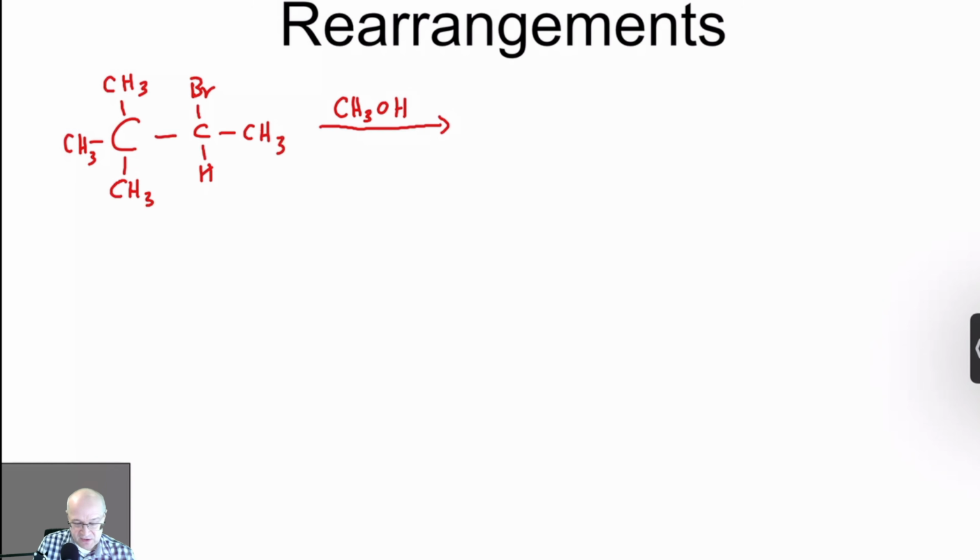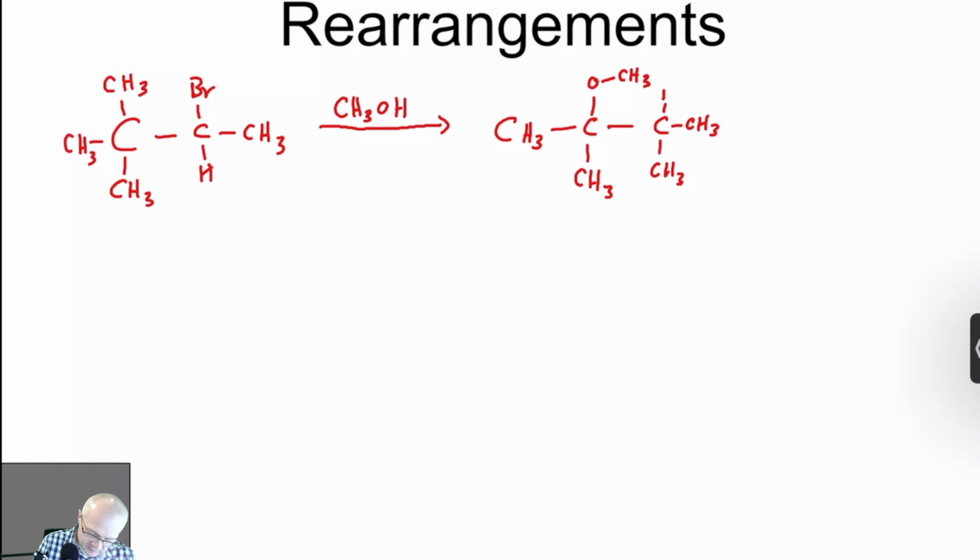We're setting up for an SN1 reaction. But you don't get the expected product. You get this, where the ether is on this carbon. And a methyl group has changed locations.